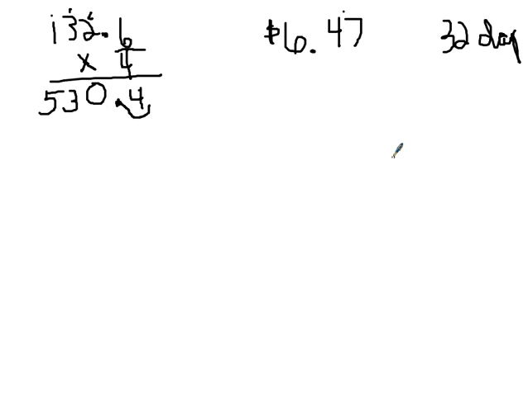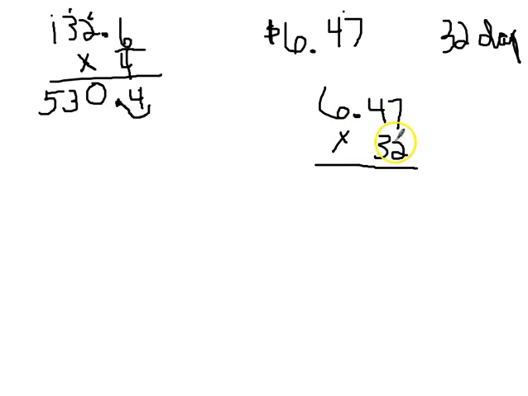What am I going to do to come up with my answer? Well, I'm going to multiply $6.47 times 32. So I'm multiplying money by the number of days. My other alternative is I could add $6.47 32 times, but to me that seems like a lot of effort. I don't know that I want to do that.